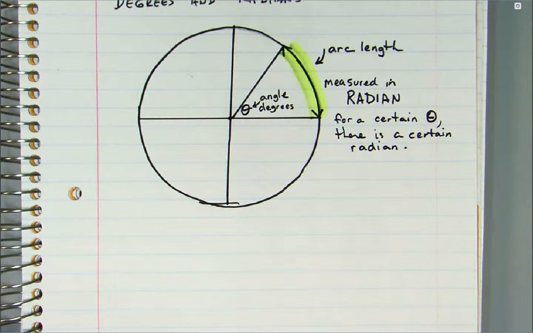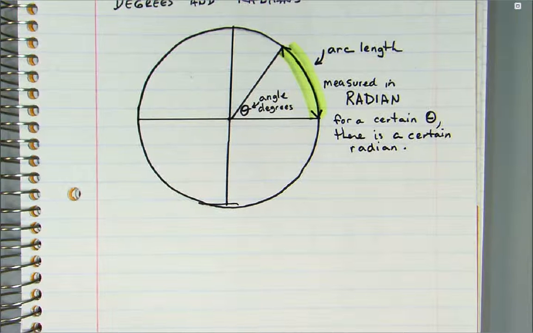If you have an angle that's 30 degrees, your radian is only going to be a certain amount of that circle. And we can measure it, and we can actually come up with that number. And it's really a very simple way to convert.